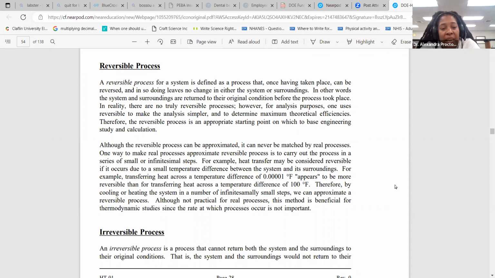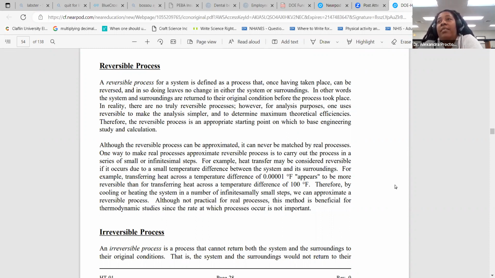So by heating or cooling the system in a number of infinitesimally small steps, we can approximate what a reversible process is. If you look at the entire system, then of course you understand that you're going to lose some of what you initially put in. For example, if you think about cooling your home, even though you have that freon, eventually you're going to have to add some to it.